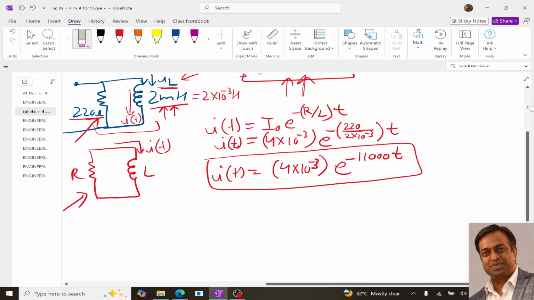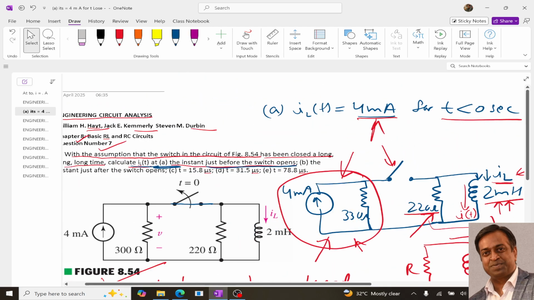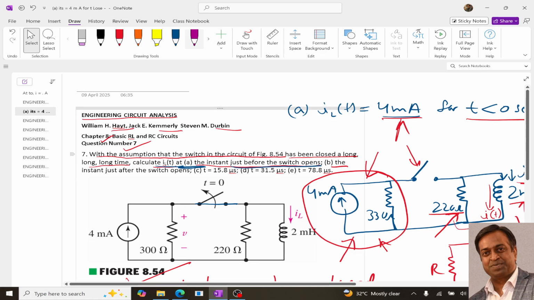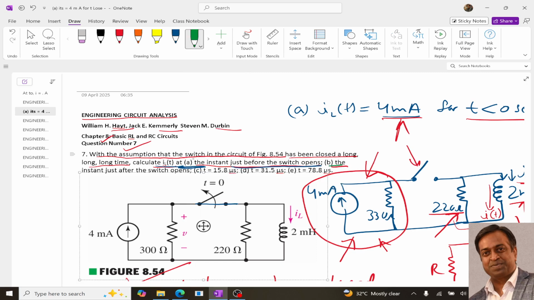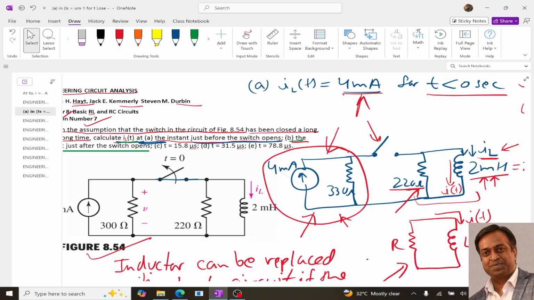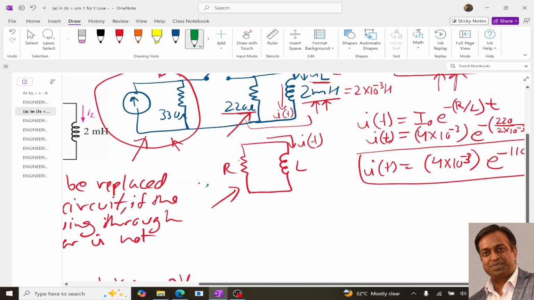Now coming back to the question, in the B part, the question says that we need to determine IL(t) at the instant just after the switch opens. Just after the switch opens means at t equals 0. So if I substitute t equals 0 in this equation, then what will I get?